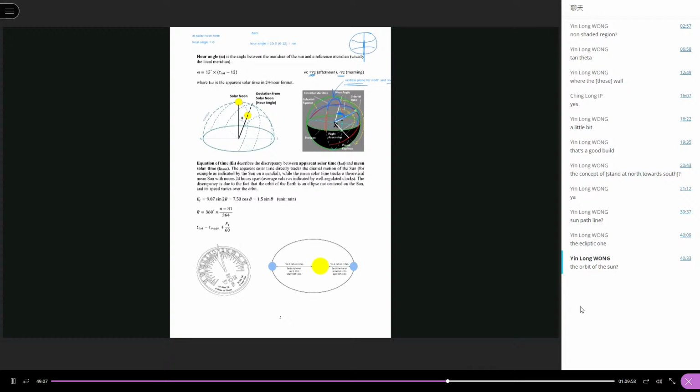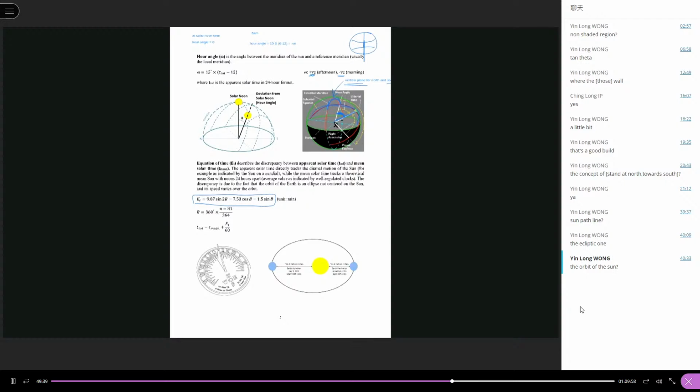Okay, some more equations. The equation of time is an adjustment. We know that we have the 29th of February, and every day we have 24 hours, but it doesn't mean that it takes exactly 24 hours for the Earth to make one rotation.